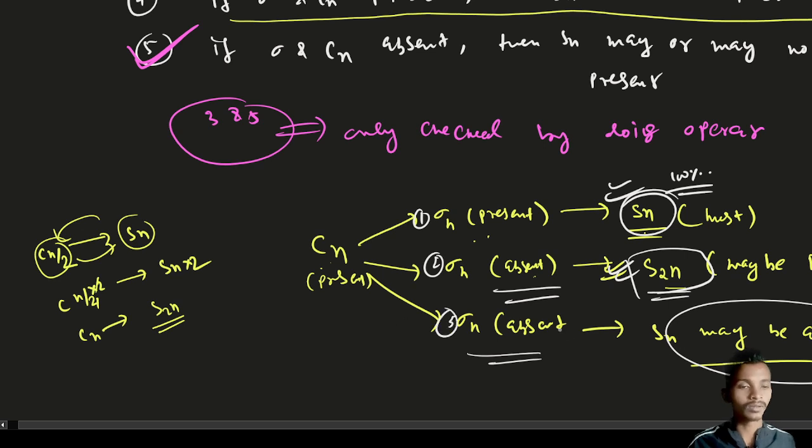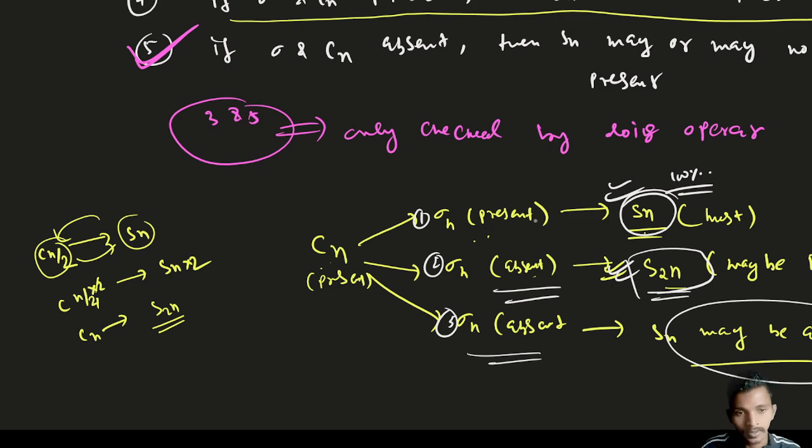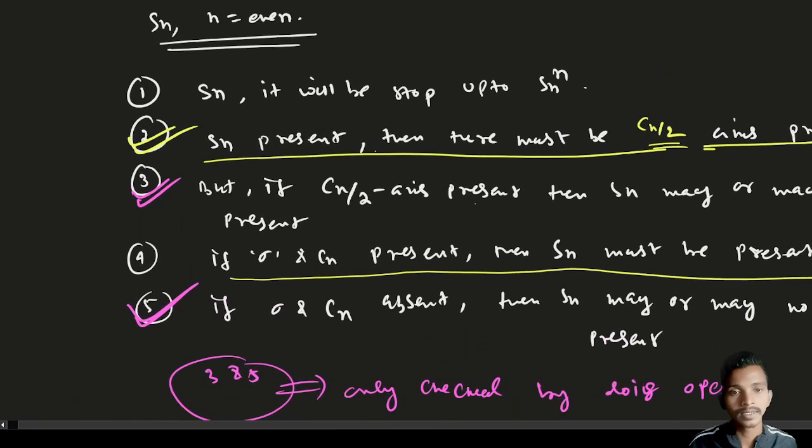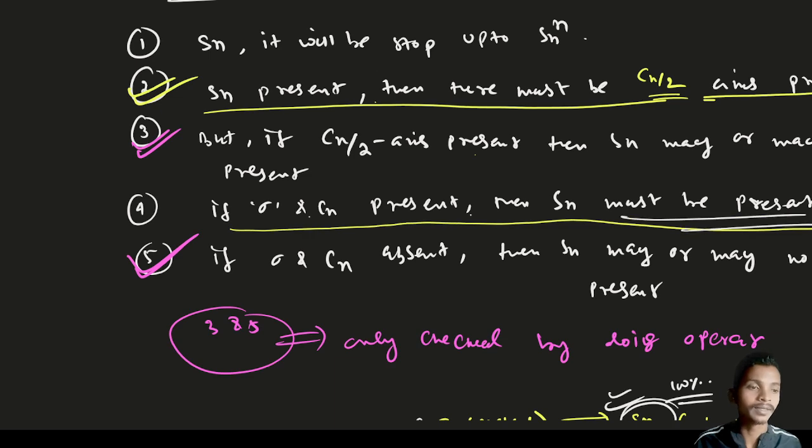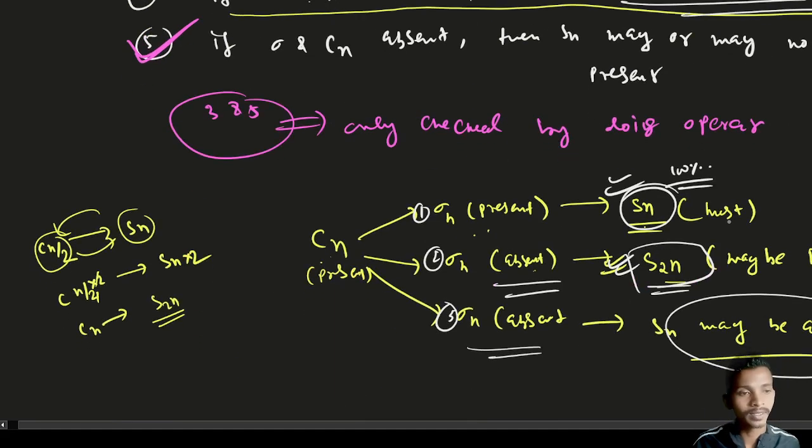Okay, so if sigma h is present, in all those cases Sn must be present, because Cn and sigma h are present. If Cn and sigma h are present, Sn must be present. So this must be present, 100%.